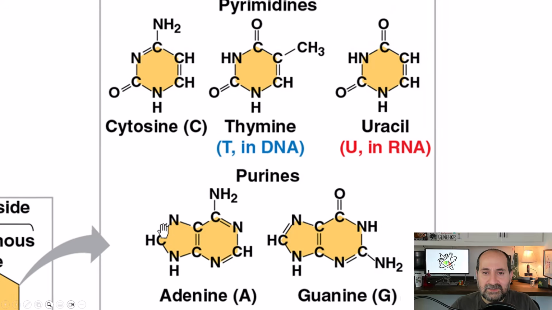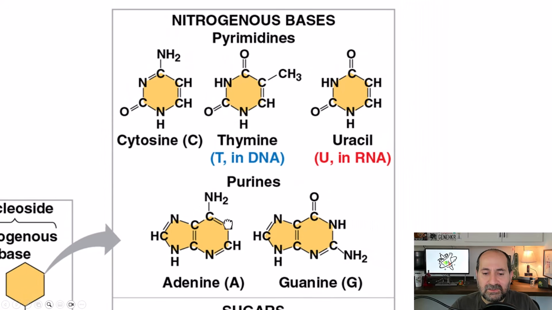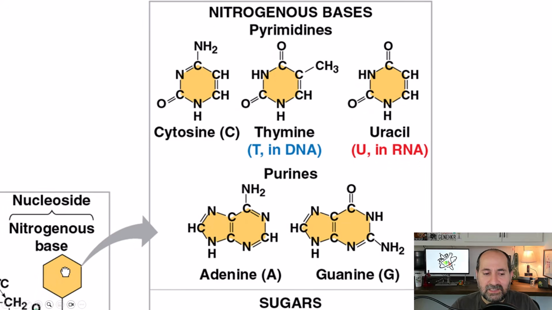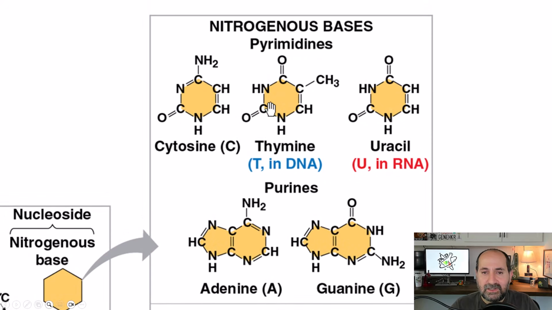So when I say nitrogenous base, I'm talking about this, or this. These are the 5 nitrogenous bases that can exist in that mustard-colored part, the third part of the nucleotide, right?